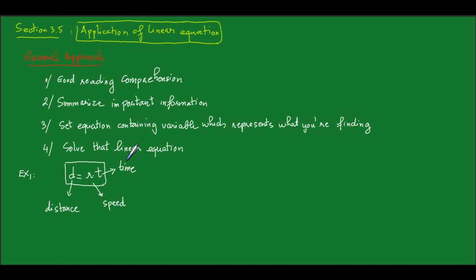Okay. So this formula is so important. Usually you experience that. I mean, sometimes you use that, but you don't know. Okay, you're traveling with your car, you're driving your car, right?